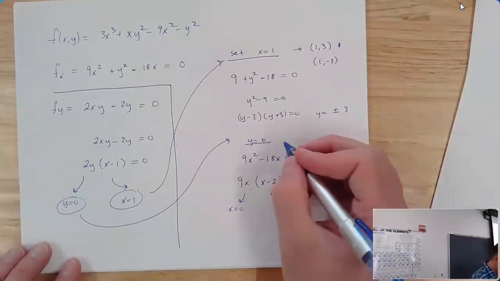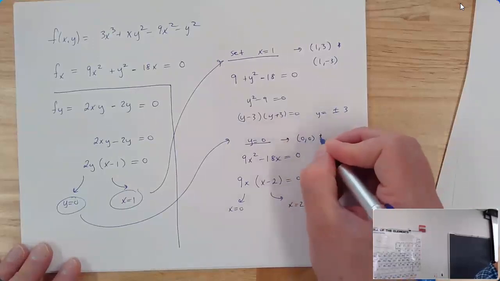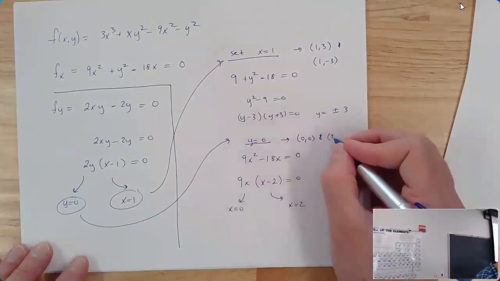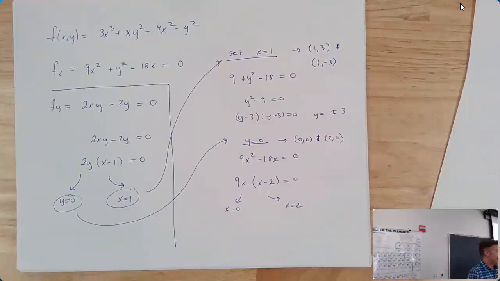So the critical points I get here are x is 0, y is 0, and x is 2, y is 0. So I got 4 different critical points from this. And now we have to check each one of them to see if it's a maximum, a minimum, a saddle, or not determined by it. Okay.